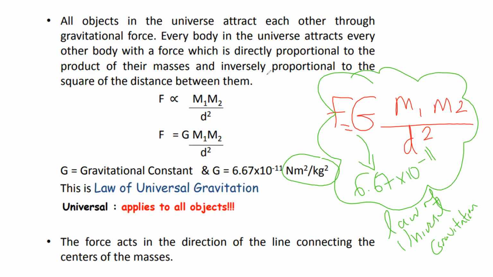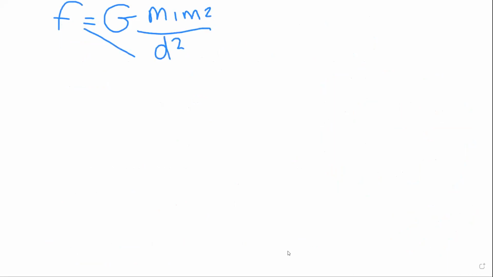No, let's find how we can find it. Just a second, please. Okay. Now we say that force equals G m1 m2 over d squared. So G m1 m2 will be F d squared.